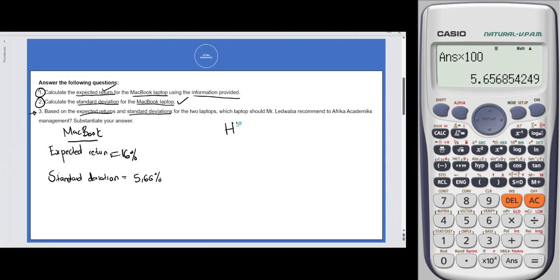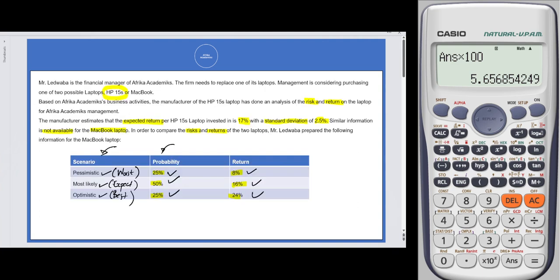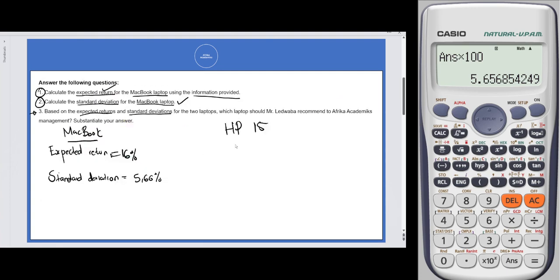So what about the HP 15S? The information was given to us. We were told that it is 17% for the HP 15S and 2.5% standard deviation. So you'll just write here 17% and then 2.5%. So based on the expected returns and standard deviations for the 2 laptops, which laptop should Mr. Ledoba recommend to Afrika Academics management?